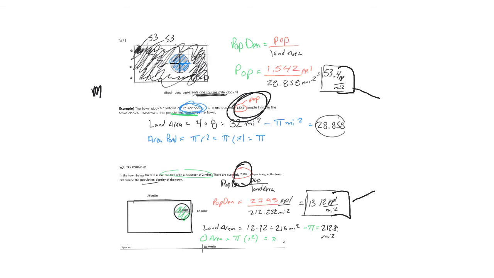And the answer is because this is a smaller area. Look at this area, 28 square miles, and this one is 212 square miles. So this is a way bigger area. This is a smaller area. So this one is more dense because the area is very small.